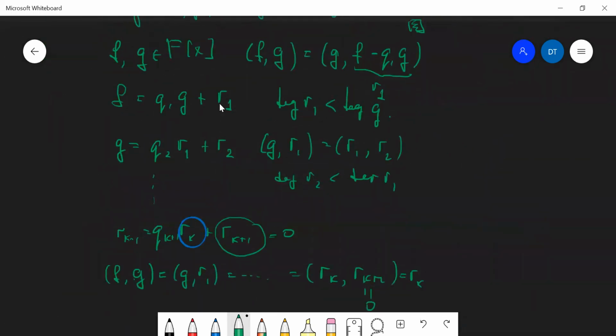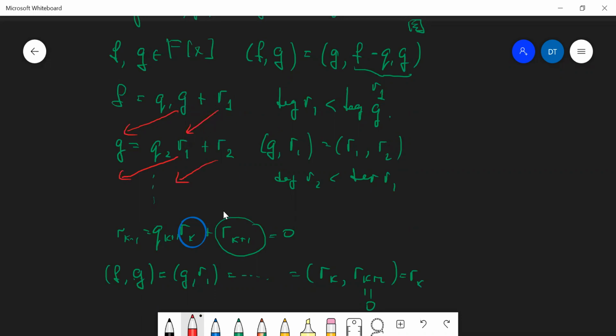So you just divide all these guys and you shift, like this. F is replaced by the divisor, and the divisor G is replaced by the remainder.